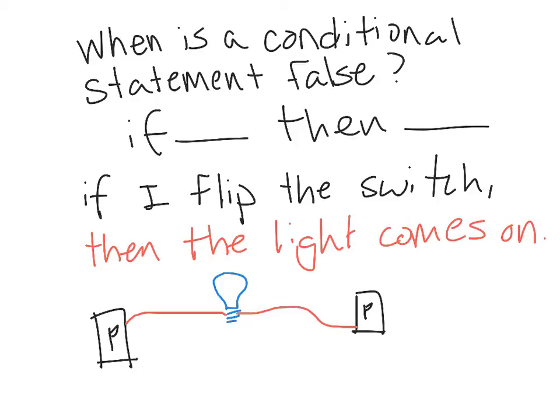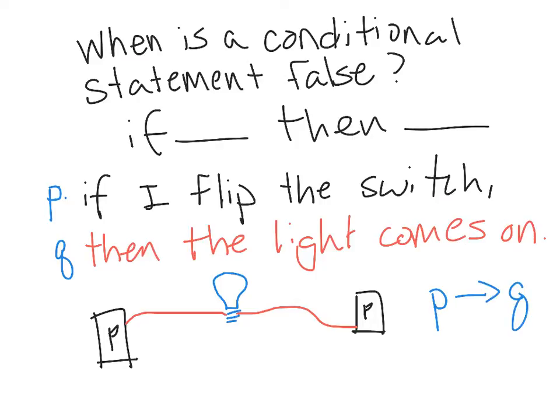Then we have a problem and the statement isn't true. So let's label these two parts of our statement. The if part, we'll call it P, and the then part, we'll call it Q, and the entire statement together is P implies Q.